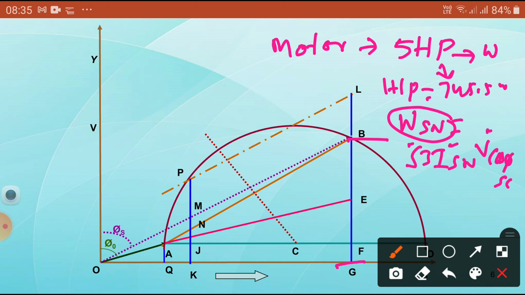Convert 1 centimeter equal to this power scale. Based on this power scale, divide the total output value, then you are going to get the length. So you take that length from B to L.